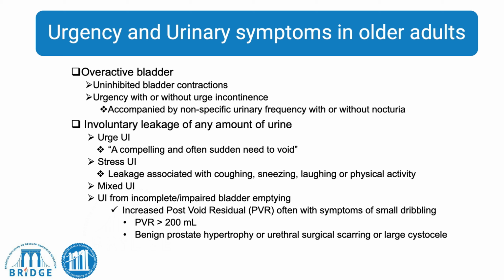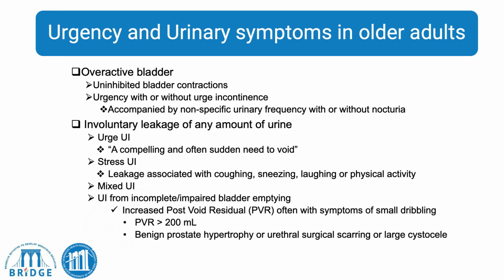There's also stress urinary incontinence. In stress urinary incontinence, there's leakage associated with increased intra-abdominal force, generated by maybe coughing or sneezing or laughing and/or physical activity. Then there's the mixed picture: urge incontinence in combination with stress urinary incontinence.